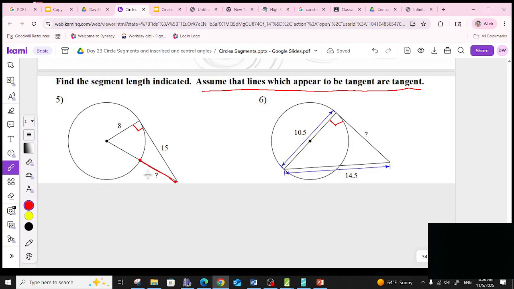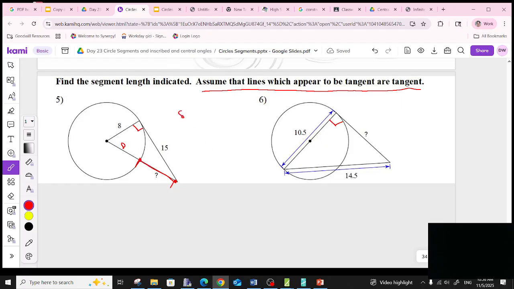If I find the hypotenuse, I find from here to here, you'd subtract 8. Because from here to here is 8. Because this is a radius. Because all radii are congruent, same measure.